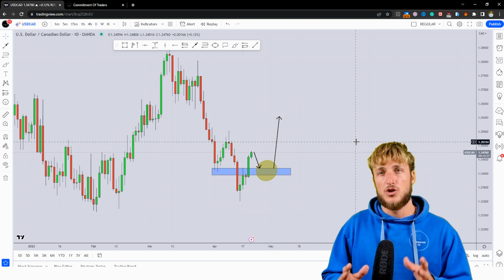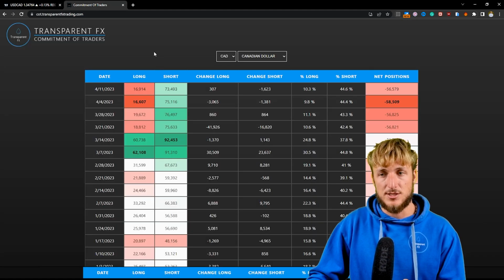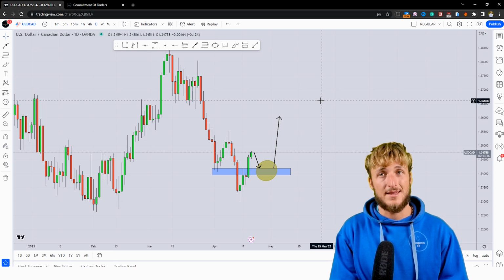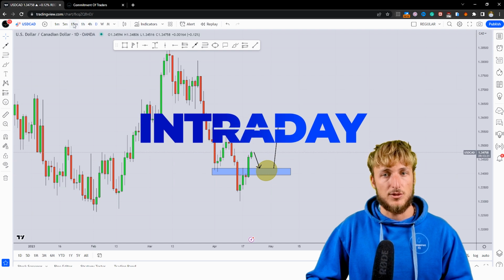As usual, trading is reactive and not predictive. The monthly, weekly, and daily combined with the COT data are the best time frames from a directional perspective. However, when it comes to confirmations and entries, the best time frames are the intraday time frames, so 4 hour and lower.